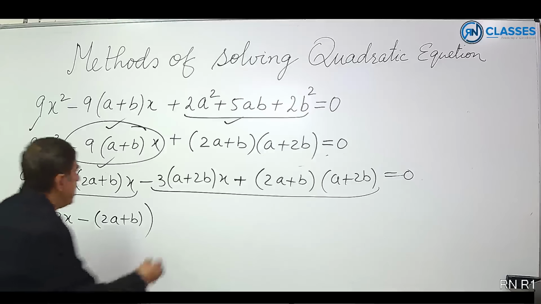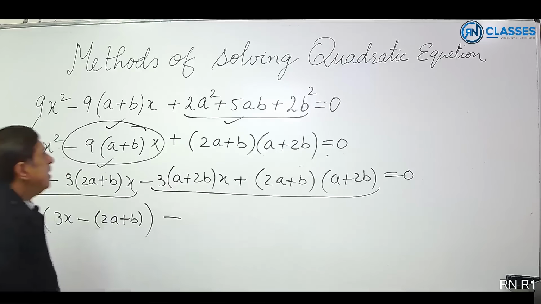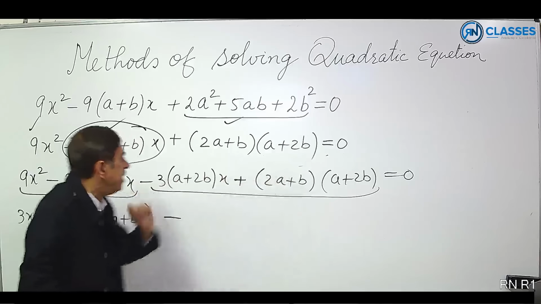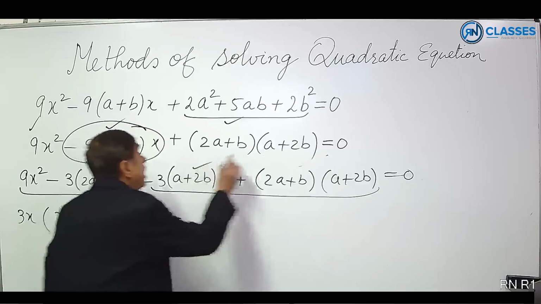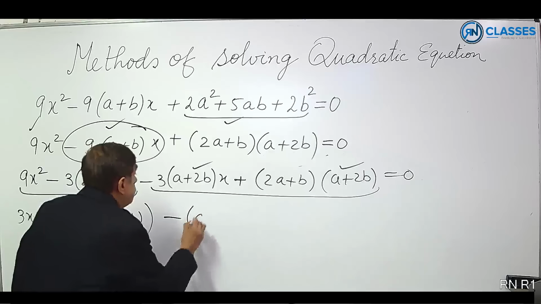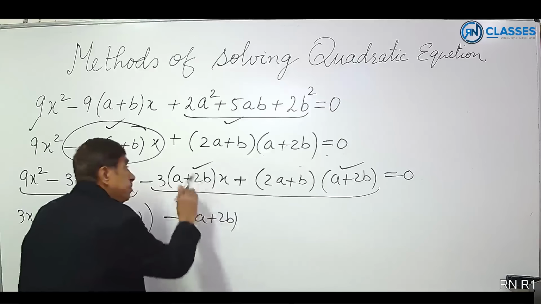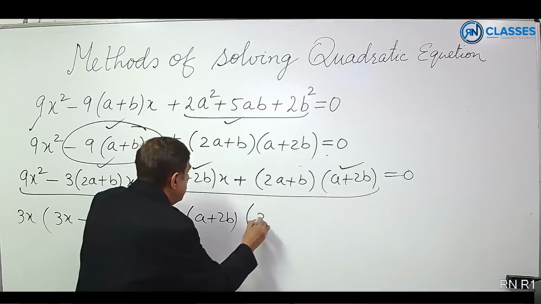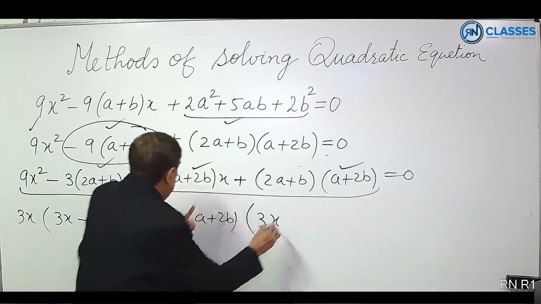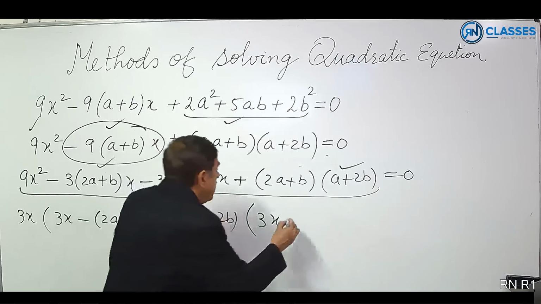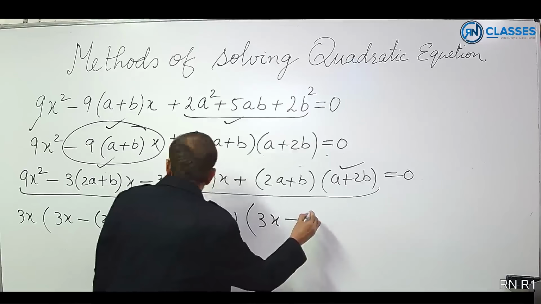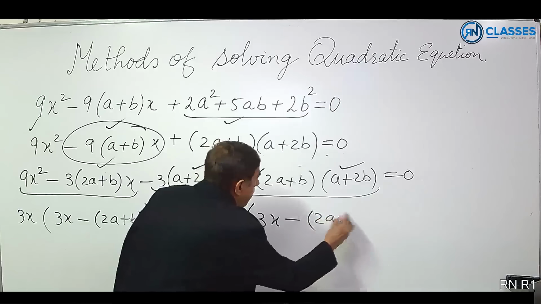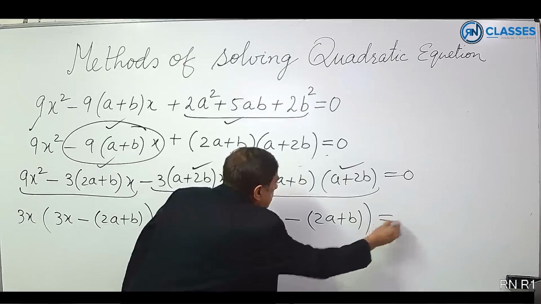What is common from here? Minus. Then x is not present there. A plus 2b. Here again a plus 2b. So a plus 2b is common. It's present in both. What is left here? 3x. Since minus is common, change of sign, minus 2a plus b equal to 0.